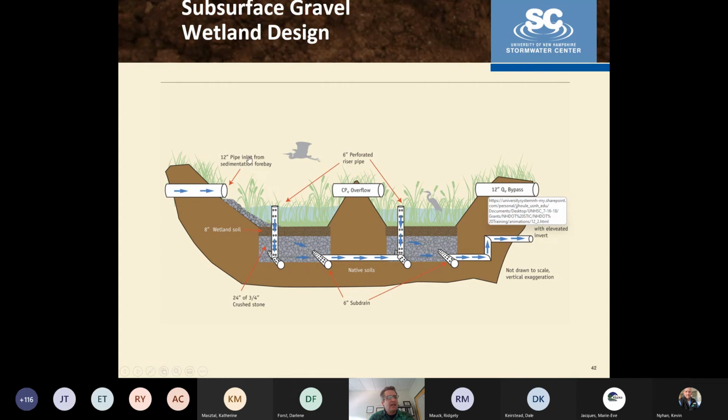Water comes in, there's some type of hydraulic inlet to the subsurface, and water's treated through the stone reservoir that spans these different bays. Traditionally designed subsurface gravel wetlands have 2 bays, both sized at 45% of the water quality volume. Then you have 10% of the water quality volume in the pretreatment or the forebay. That's conventionally how it's sized.